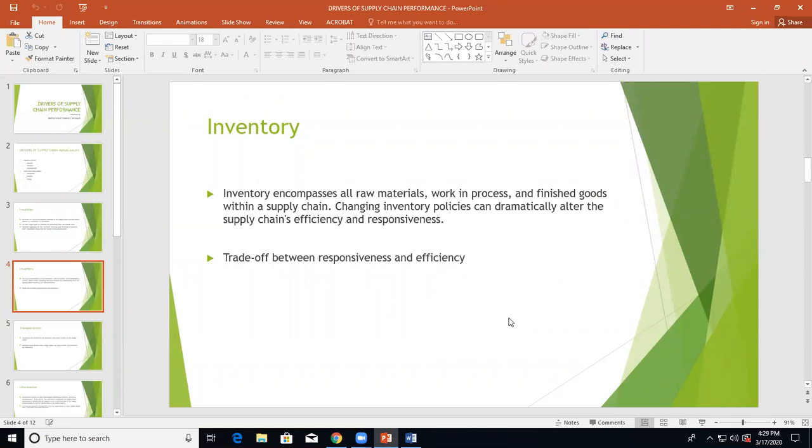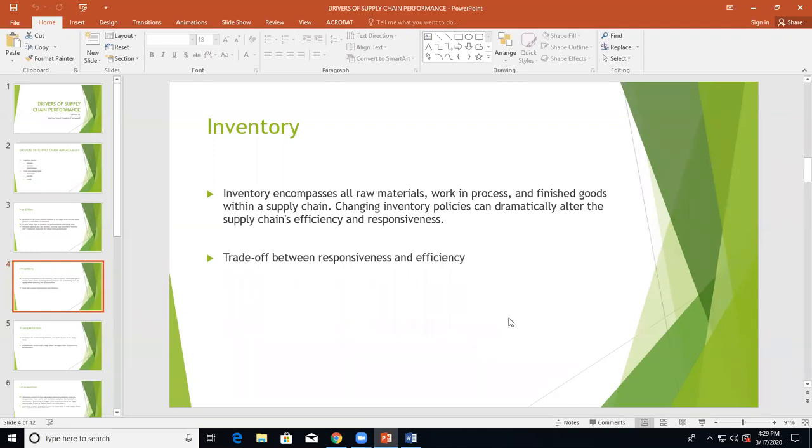If you are concentrating on efficiency, you never keep a good amount of inventory. For example, Walmart tried to improve their efficiency.